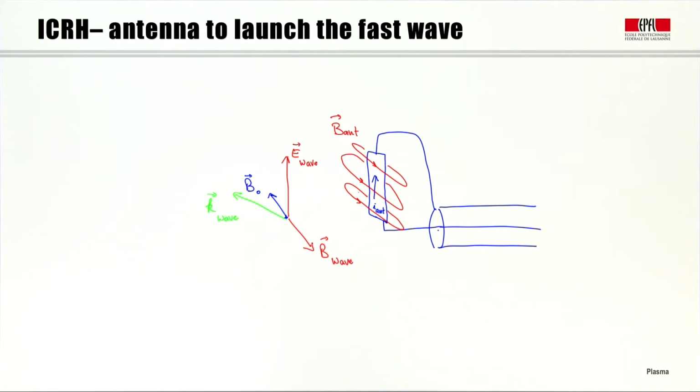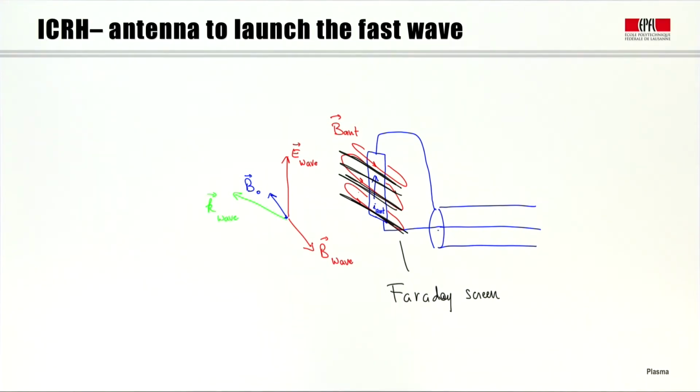So we like to avoid that by putting a screen, which we refer to as a Faraday screen, in front of the antenna, that at least in the direction of the magnetic field prevents the creation of electric fields, and that is done by having conductors that are aligned with the magnetic field lines. So the Faraday screen is therefore a structure that short circuits electric field, at least in the direction of the local magnetic field, which would be the dangerous direction for the acceleration of the charged particles.